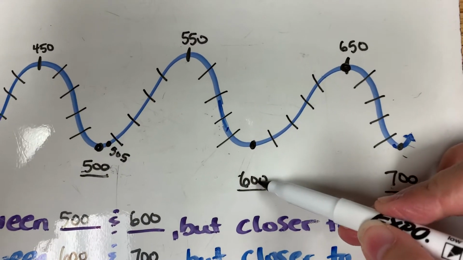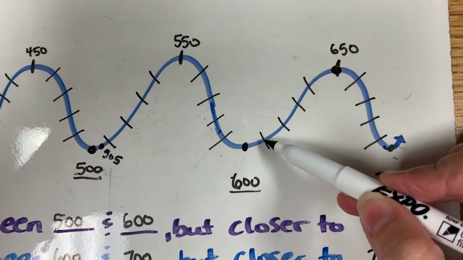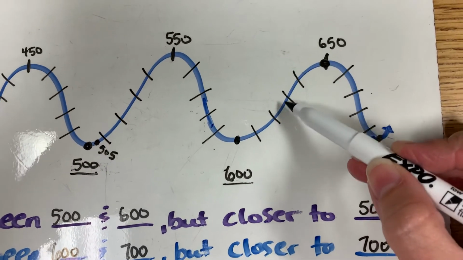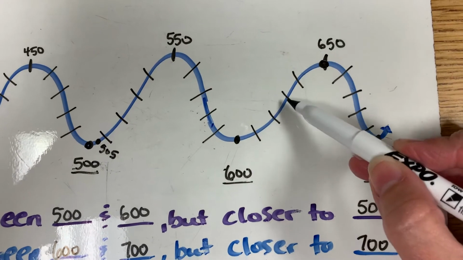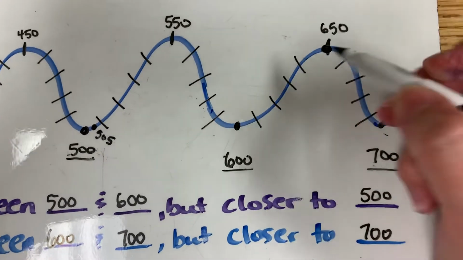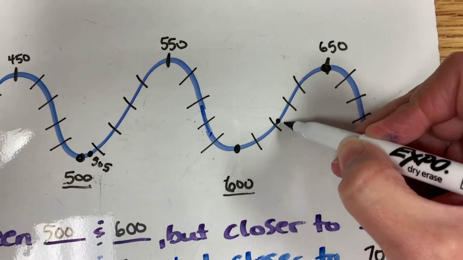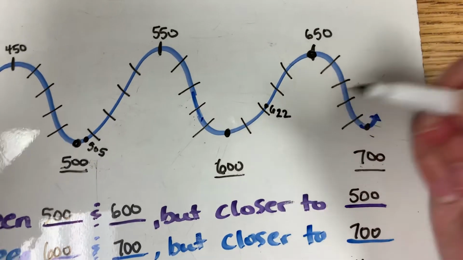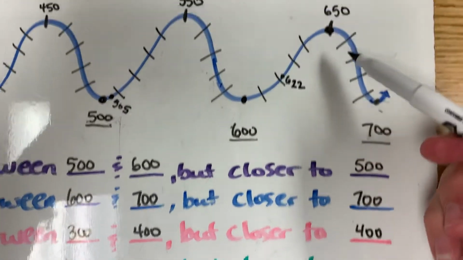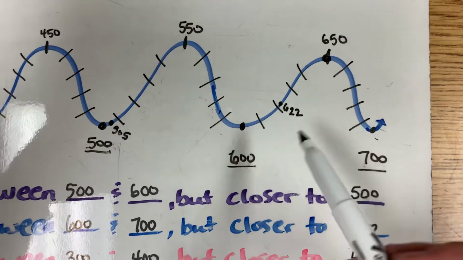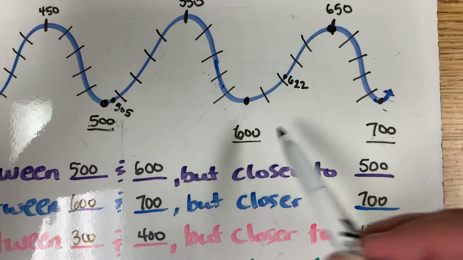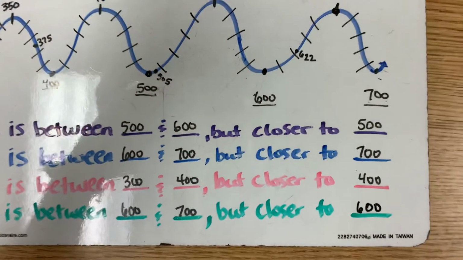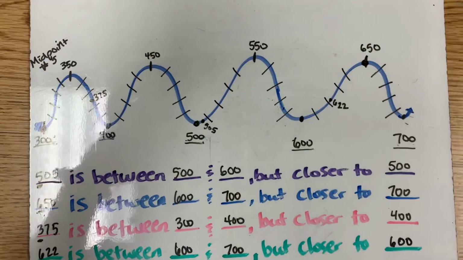So this would be 600, 610, 620, 630. I would need to place my point between these two tick marks, so I would place it about right here. Again, because it's on the left side of the midpoint, it will round to the smaller boundary number of 600. That's it for curvy number lines today.